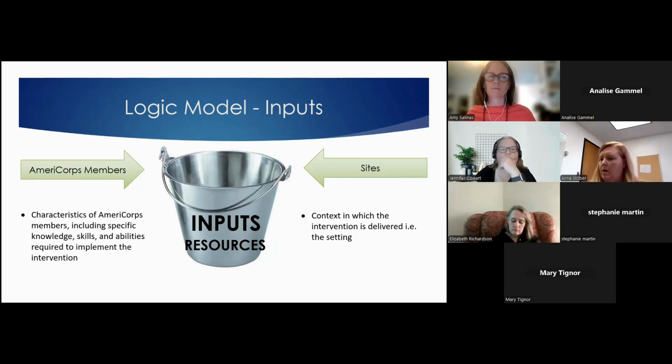Good question. But getting that partnership agreement done sooner than later is also really important. And with your sites, that's why we asked one of the questions we told you to think about: who do I need to engage in conversation sooner than later? Because there's a level of commitment that those sites are going to have to agree to.